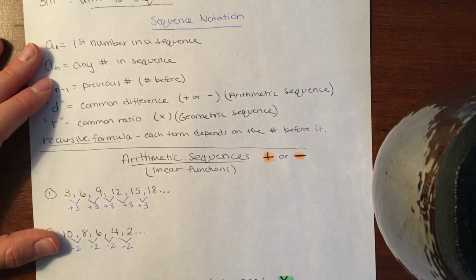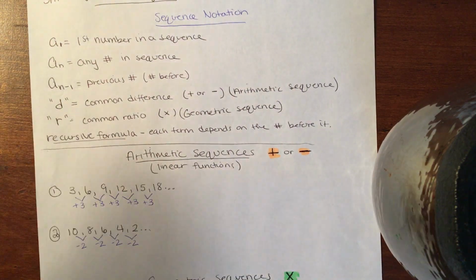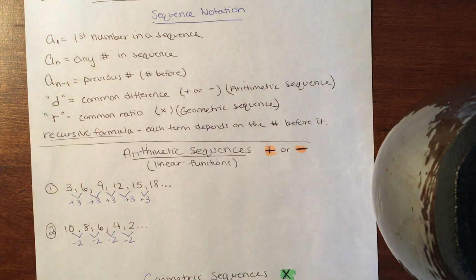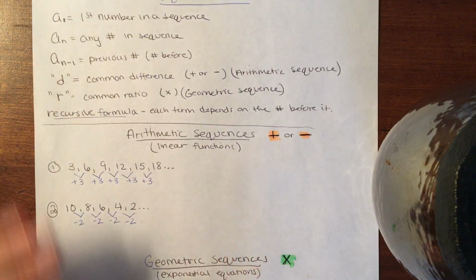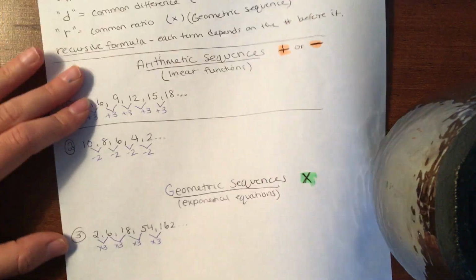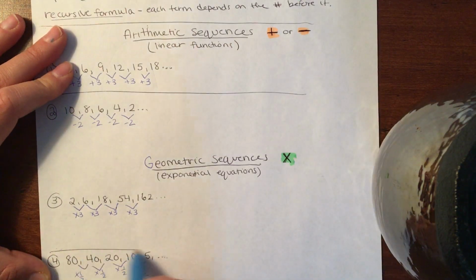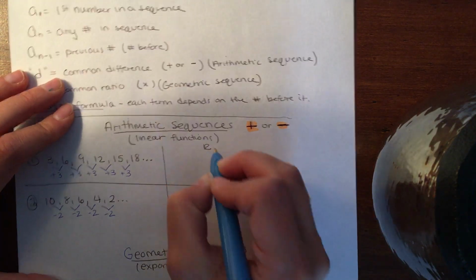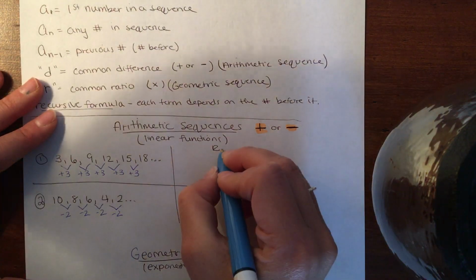So it's a sequence that builds on each other. You need to know the number before in order to find the next number. This will make more sense to you when you actually see this today and in our next lesson. Okay, so in the section to the right, I want you to split this, and we're going to be writing recursive formulas for each one of these examples.